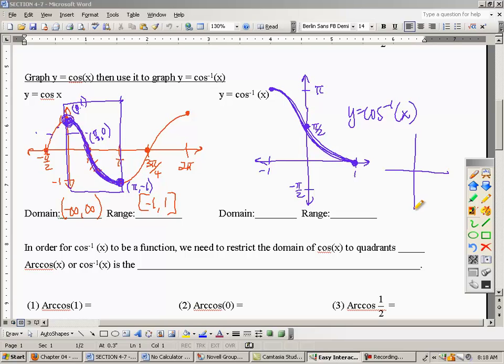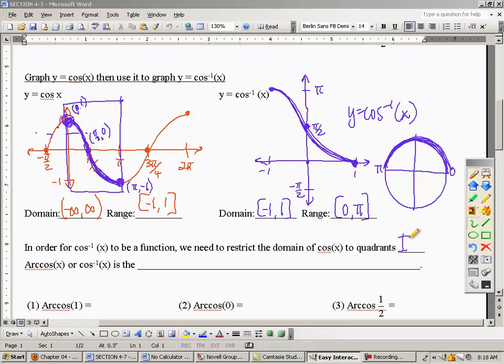So again, I'm going to look at the unit circle to say, well then how does that restrict my domain in terms of the unit circle? Well, let's I guess start with domain and range before we start. Domain, you'll see I start at -1, I go to +1, and I include both of them because I have points there. And my range, you'll notice I start at 0 radians and I go up to pi radians. So from 0 to pi. If I look at that on my unit circle, here's 0, here's pi. So which quadrants am I restricting?